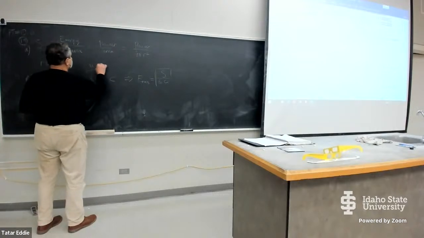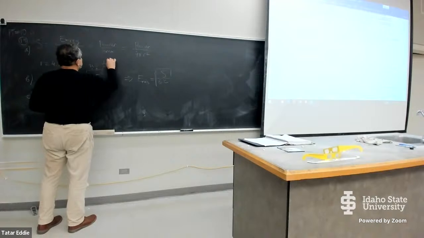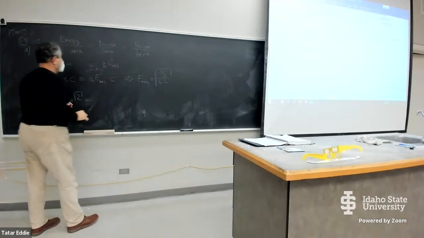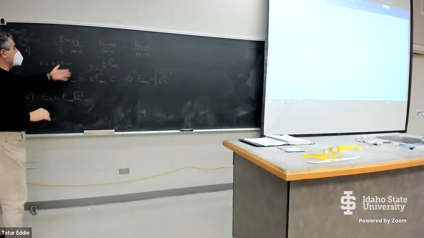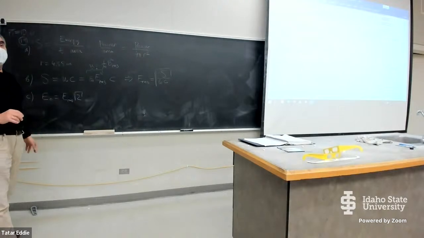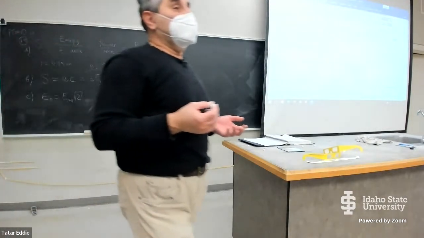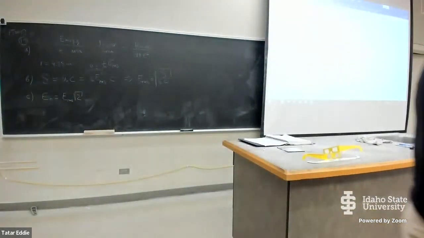So this also could be 1 over mu naught times magnetic field RMS value squared. And in that case, you would get a similar expression, and you can figure out the RMS value of the magnetic field and the RMS value of the electric field.